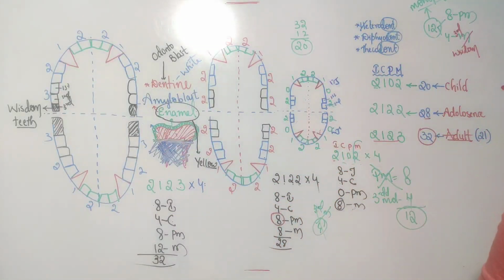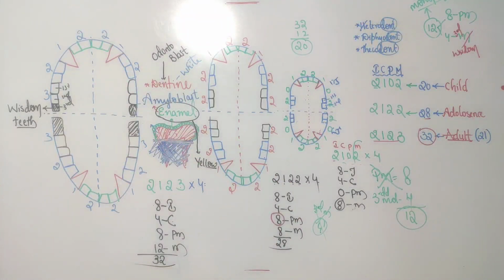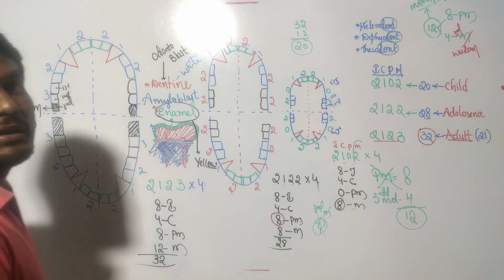And the next concept is layers of the alimentary canal. Let's discuss the layers that we see in the wall of the alimentary canal. Yes, what are those layers?